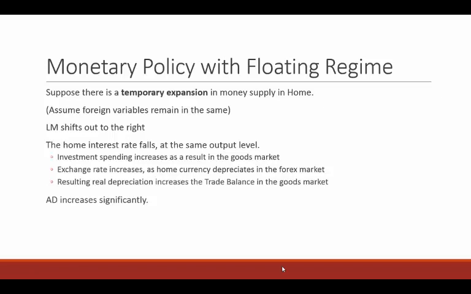The fall in interest rates causes investment spending to increase in the goods market, while at the same time the resulting lower rate of return on dollar deposits causes a nominal depreciation of the exchange rate. This results in a real depreciation and an increase in the trade balance in the goods market. Both effects cause aggregate demand to increase significantly.